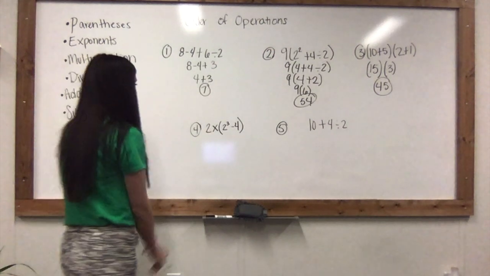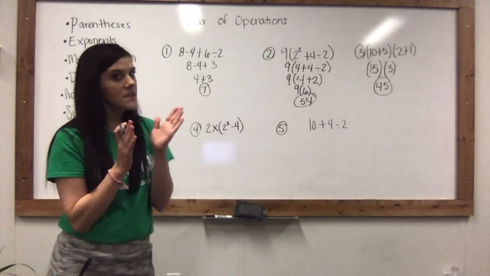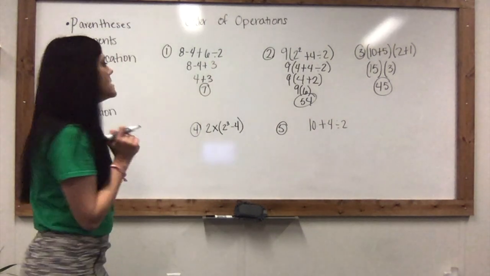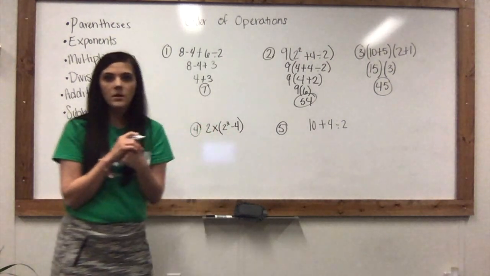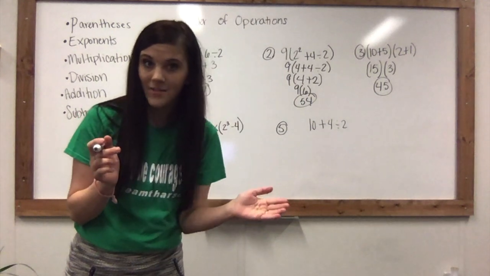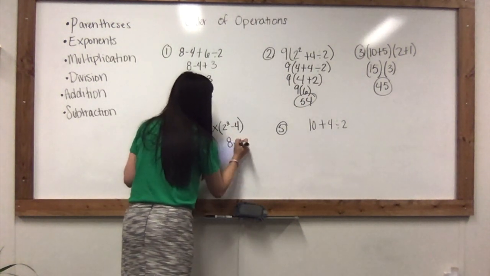Good. All right, down here we have 2 times, and then in parentheses we have 2 to the 3rd power, or 2 cubed, minus 4. So 2 to the 3rd power, 2 cubed, would be 8, because 2 times 2 times 2 is going to give us 8. So we've got 8 minus 4.